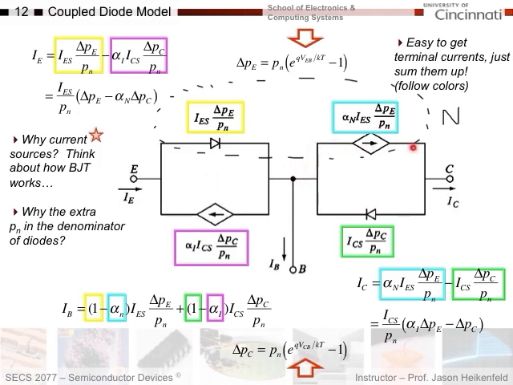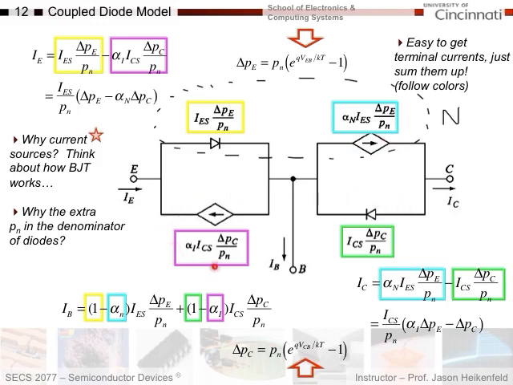And furthermore, the collector is a reverse bias diode, right? The base collector is reverse biased. And we know that reverse saturation current has nothing to do with voltage across that junction, right? And so lo and behold, the current coming through here is independent of the voltage applied to this junction. Another reason why I want a current source.